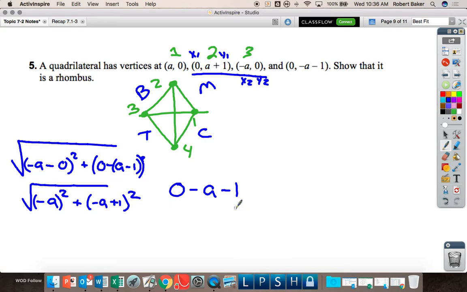So I can't really do anything with this, it's just negative a. But what's 0 minus 1? Negative 1. That's why I have negative a plus 1. I don't really know how to do that. It's 0 minus a minus 1. No, I'm confused. Because on my paper it says negative a minus negative 1. I mean, wait, negative a, negative 1.